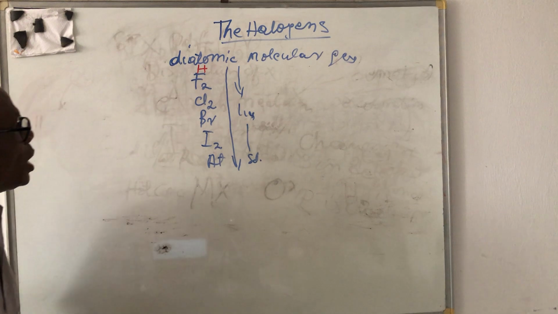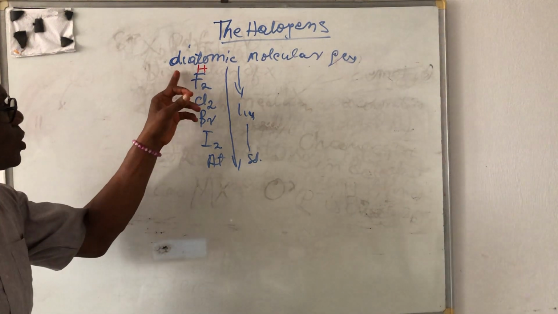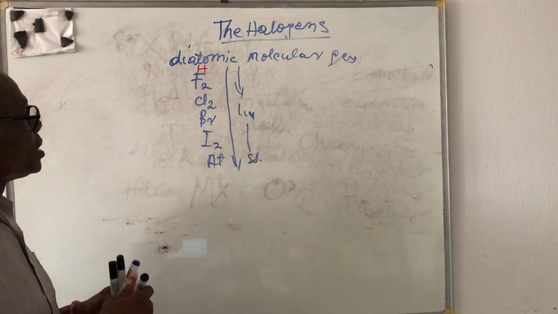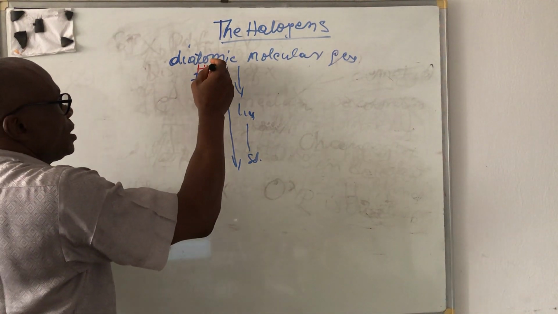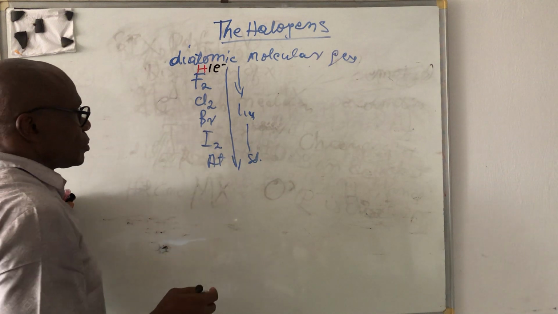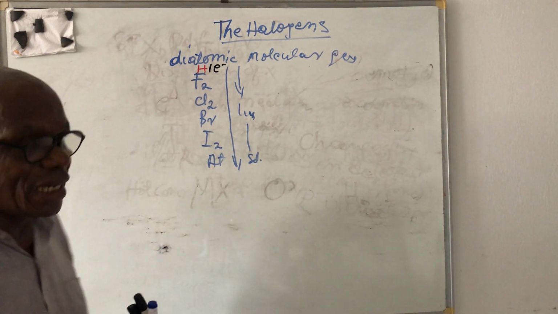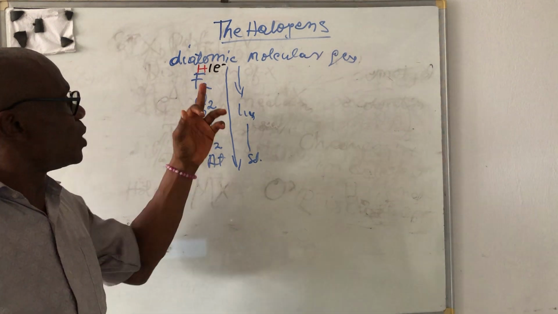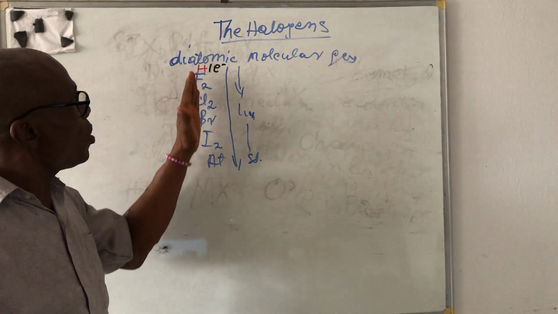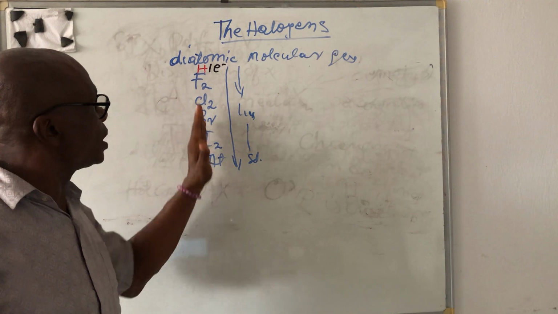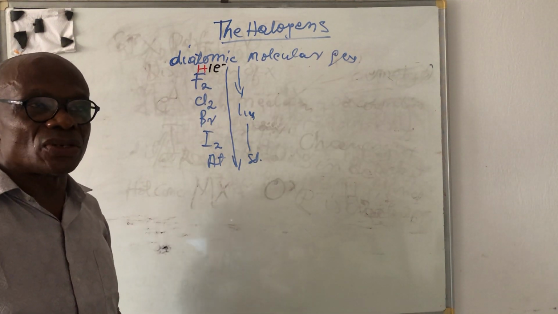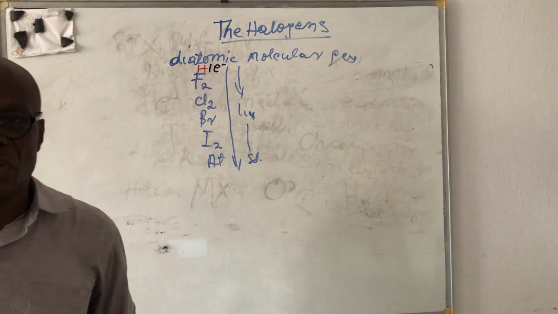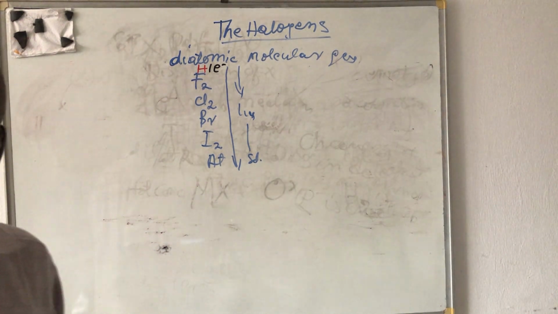No. Hydrogen is kept on top of fluorine because hydrogen needs one electron to attain the electronic configuration of helium. And all the halogens need one electron to attain the stable configuration of a noble gas.